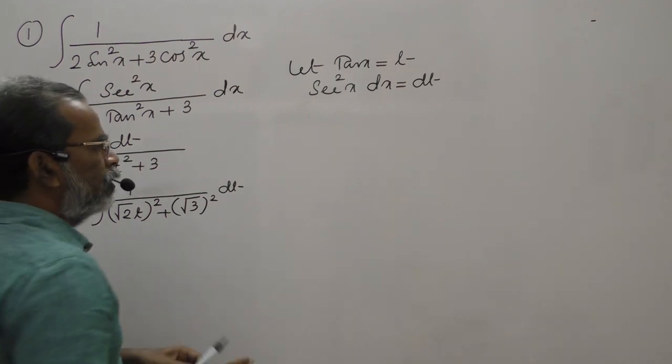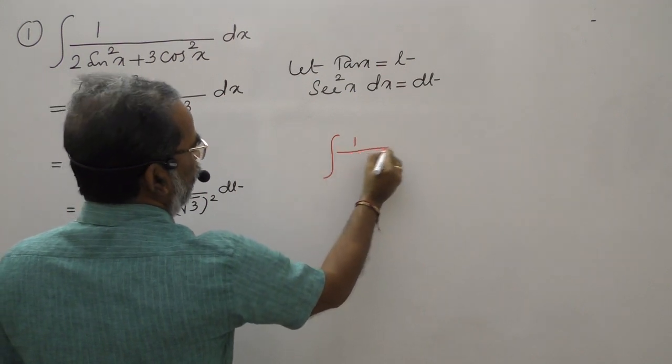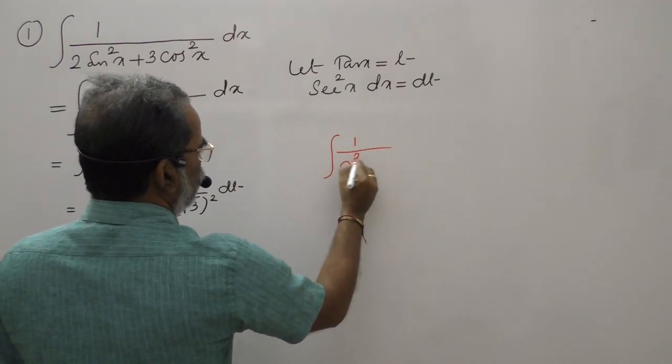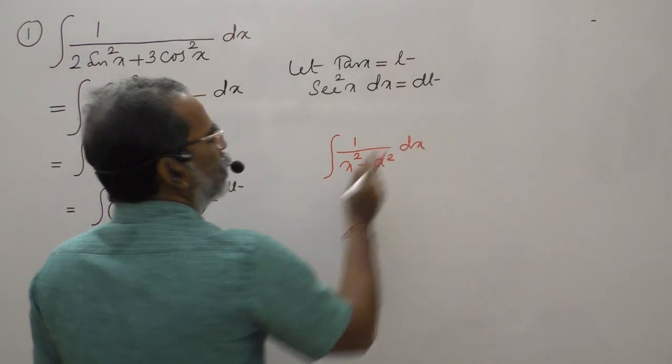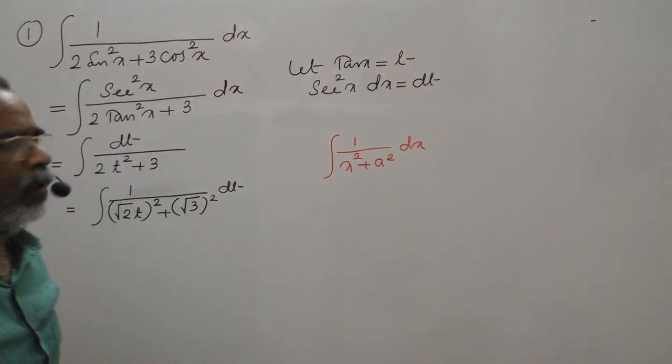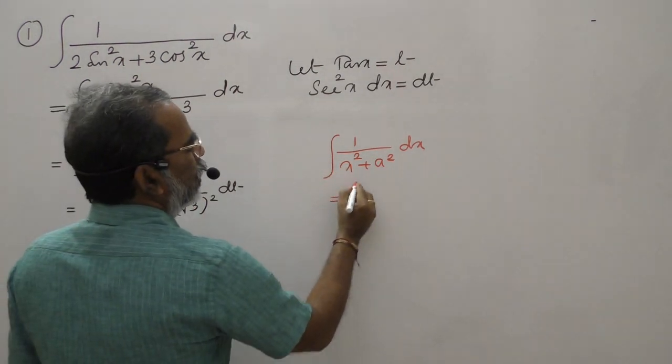It is of which type? See, it is of the type 1 divided by x square plus a square into dx. Just the variable is different, everything else is the same. For this, what is the integral?